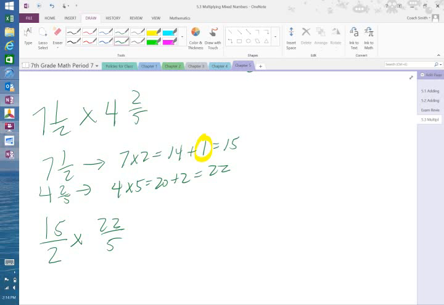Take the whole number times the denominator and add the numerator to that. So 4 times 5 is what? Plus 2. 22 over 5. That's where I got the 22 over 5.